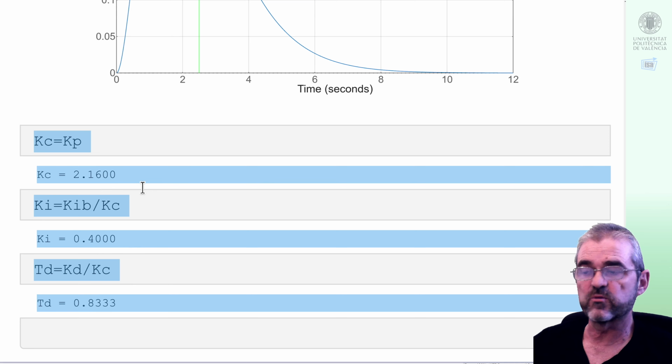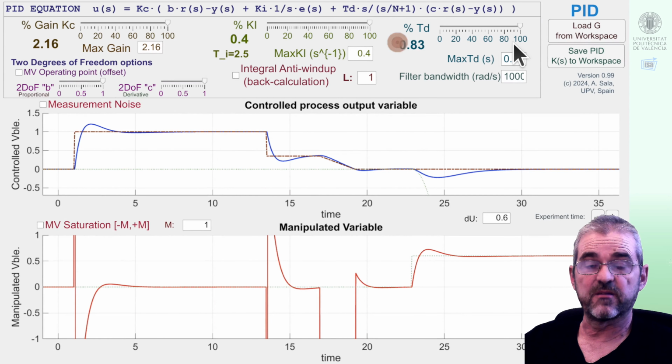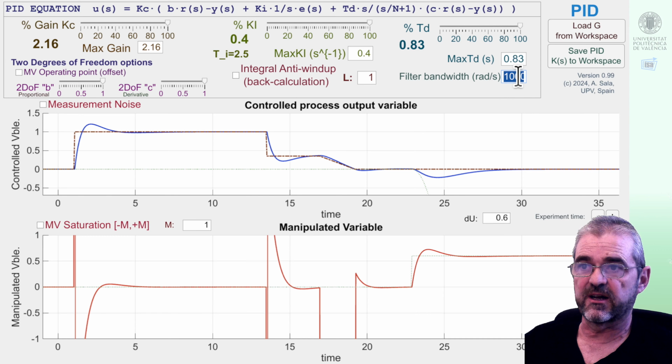So these 2.16, 0.4, and 0.833 are the things that I have placed in my PID simulation. I disabled measurement noise and saturation, and also I disabled the derivative noise filter, because filtering at 1000 radians per second is kind of infinite frequency for things that take 5 seconds to go up and down.